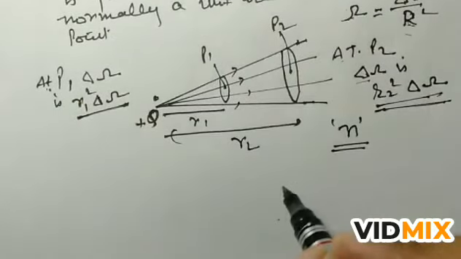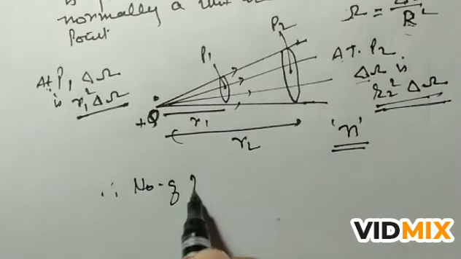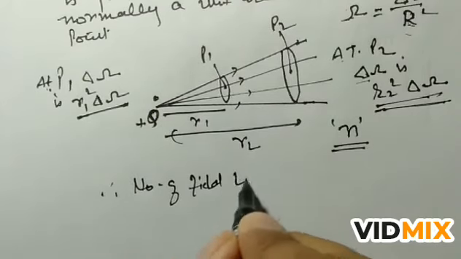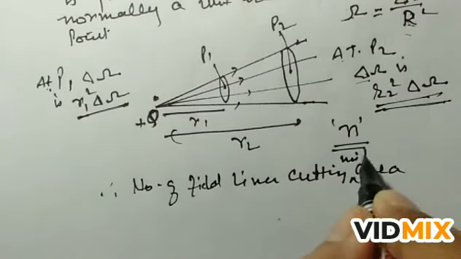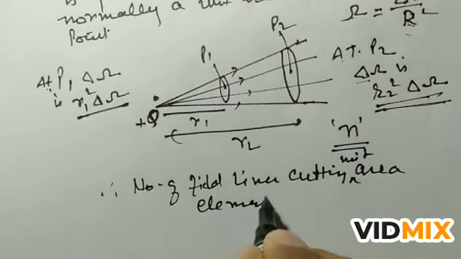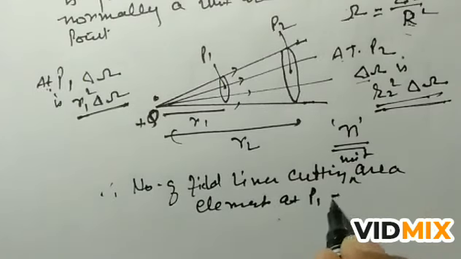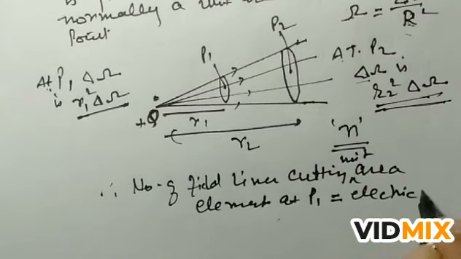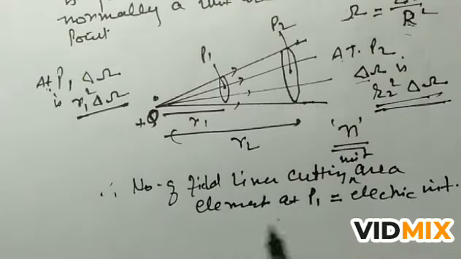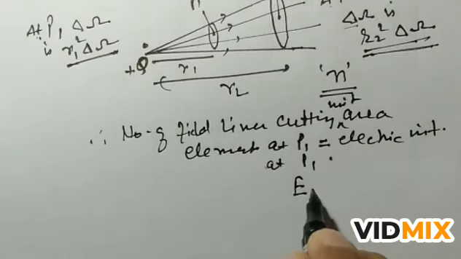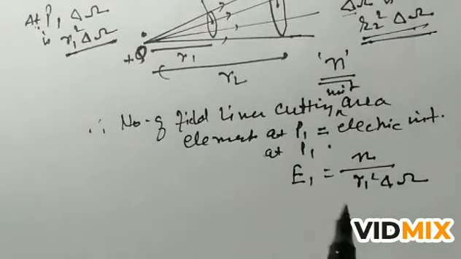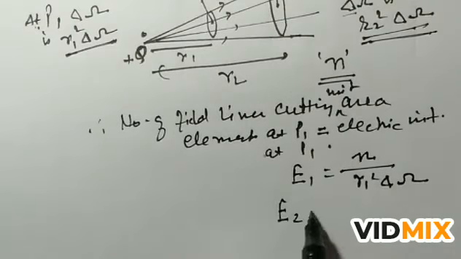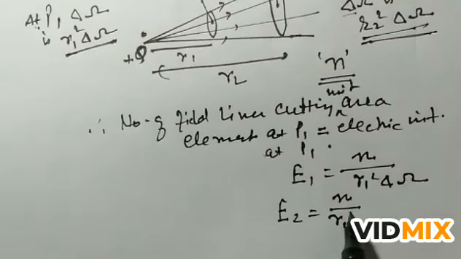So the number of field lines cutting a unit area element at P1 is equal to the electric intensity at P1, E1 is equal to N upon R1 square delta omega, and similarly at P2, E2 is equal to N upon R2 square delta omega.